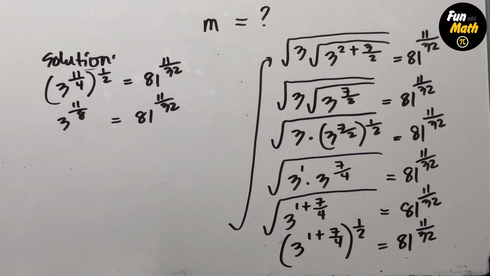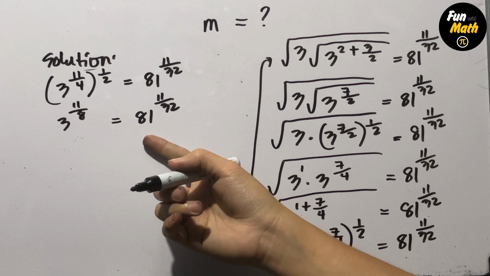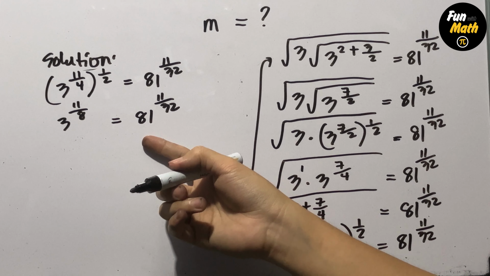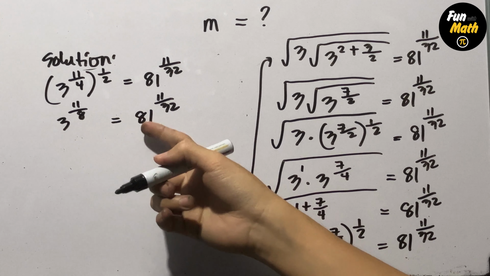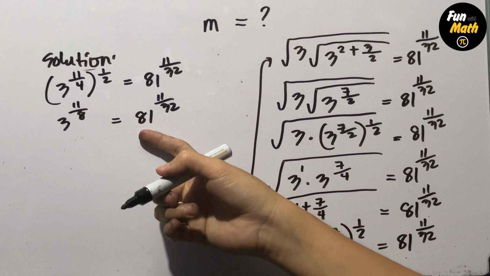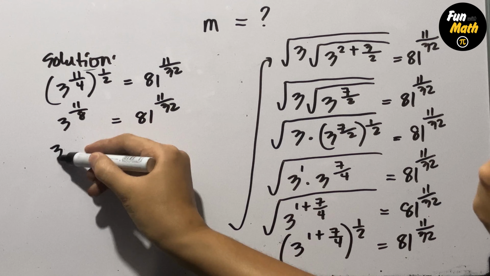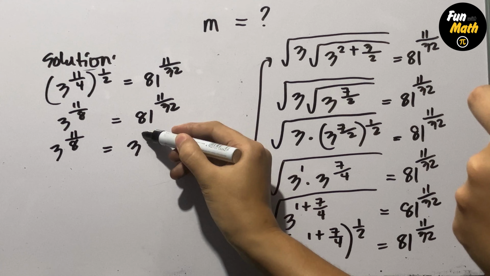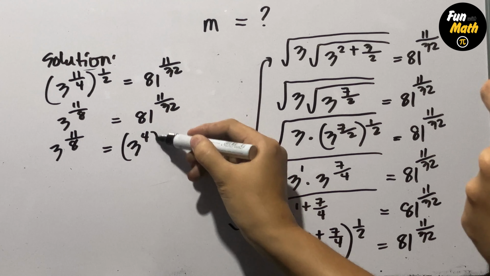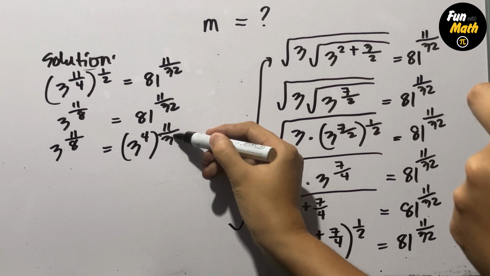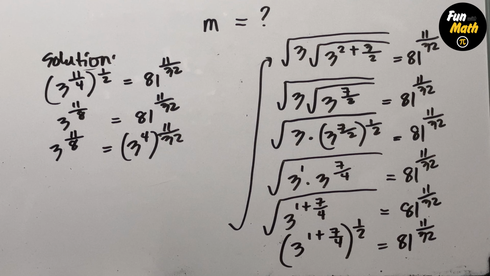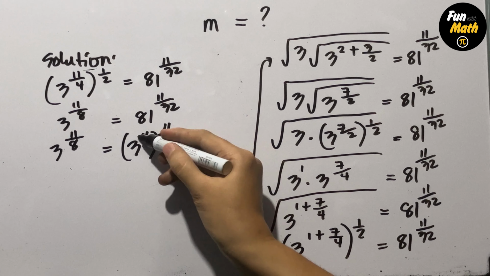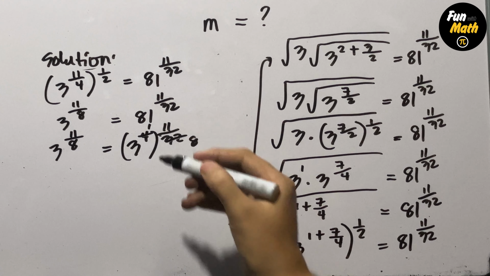Next is, for the base 81, we can write it into a power form in terms of 3. And that is 3 to the power of 4. So 3 to the power of 11 over 8 equals 3 to the power of 4, all to the power of 11 over 32. Now using the cancellation, this is 8 and this is 1.